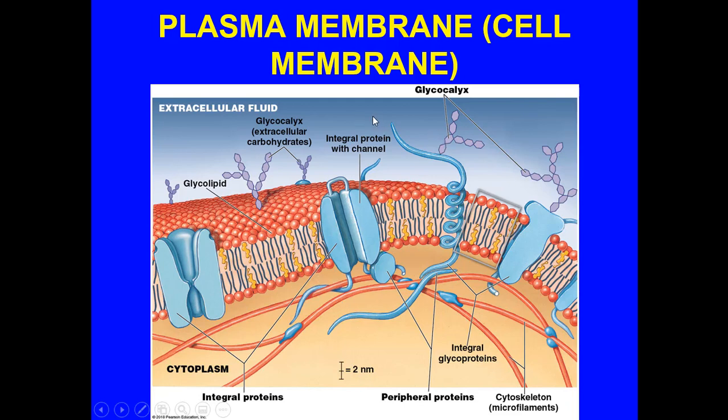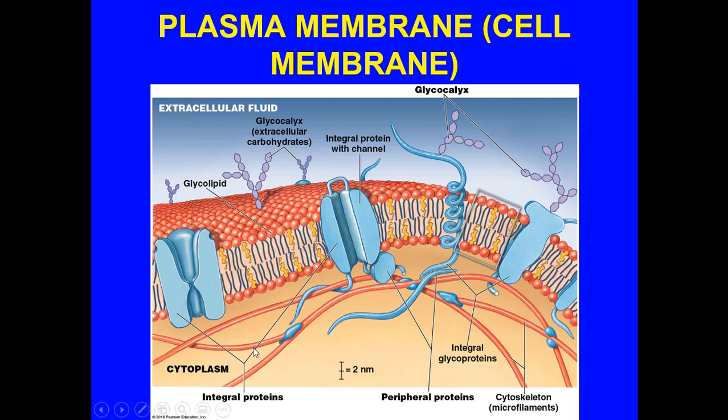What you have to keep in mind is this. For anything to go from outside the cell to inside the cell, it either has to go through these protein channels, or it has to be a nonpolar, uncharged, small molecule. So what would easily pass through this barrier? Oxygen molecules, carbon dioxide molecules.